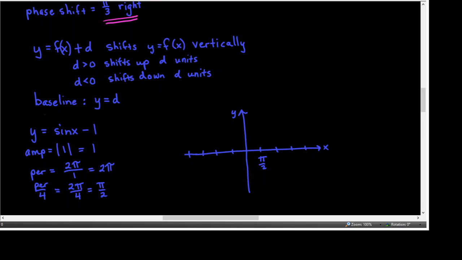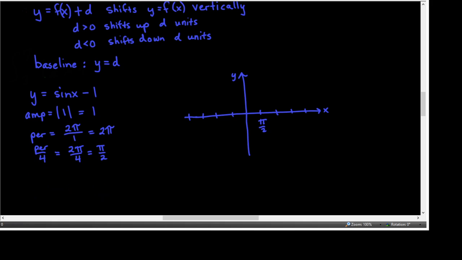Okay, the next thing is phase shift. You have to be kind of careful here, because if there's going to be a phase shift, it's actually going to be written within parentheses. And this is kind of awkward, because it's an understood thing that y equals sine of x minus 1 is different from y equals sine of (x minus 1).